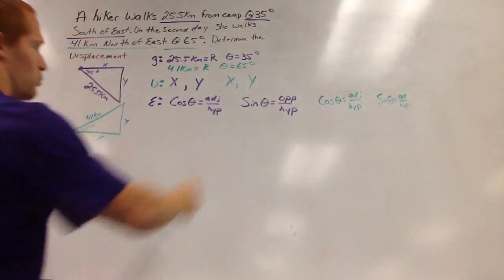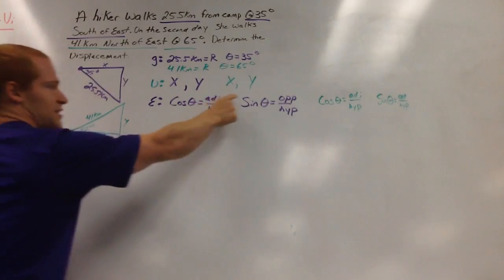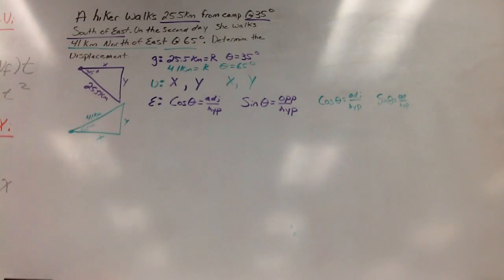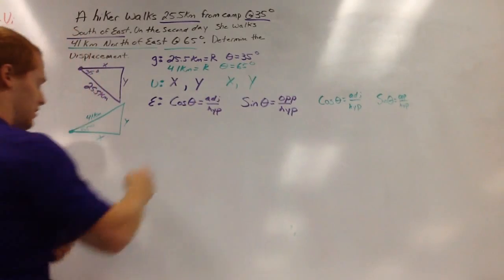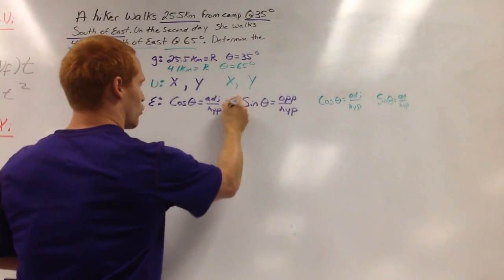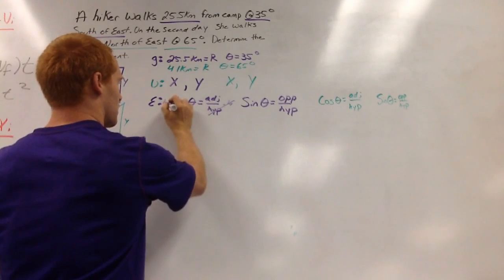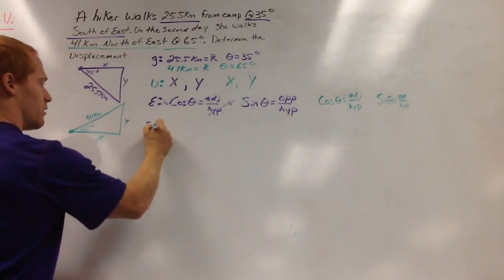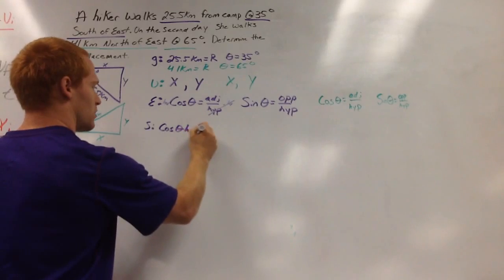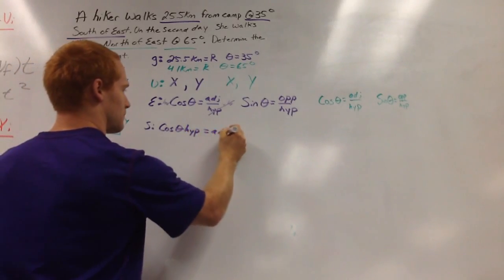Now to rearrange, we're trying to solve for the adjacent and the opposites in each one of these. So I'm going to multiply hypotenuse by both sides, because when we multiply by hypotenuse, it's going to get rid of it on the right and put it on the left. So for our sorting, I'm going to have cosine theta times hypotenuse equals adjacent.